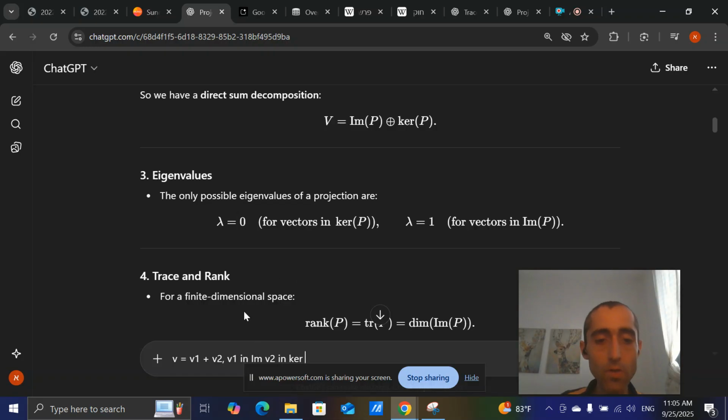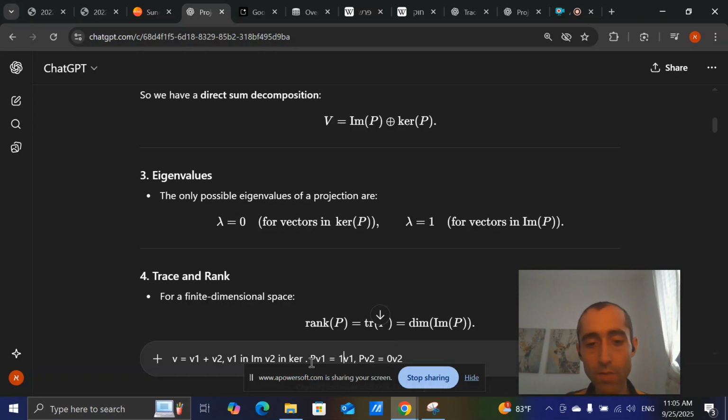When you apply the projection on V1, you get exactly V1. And when you apply the projection on V2, you get exactly 0.